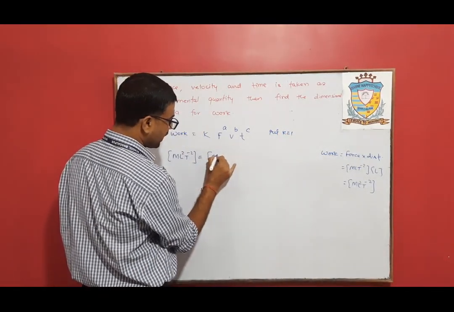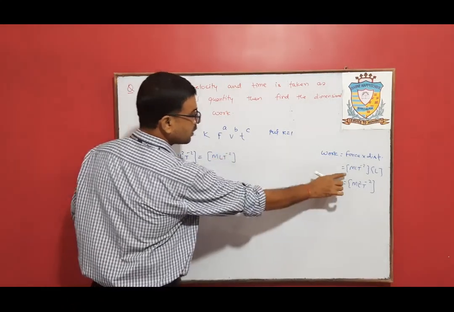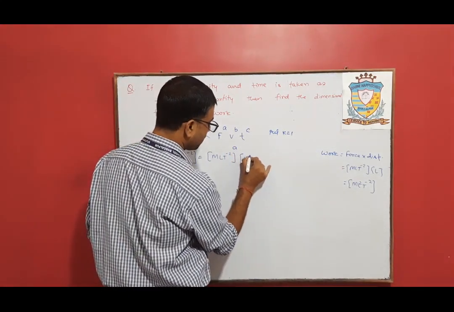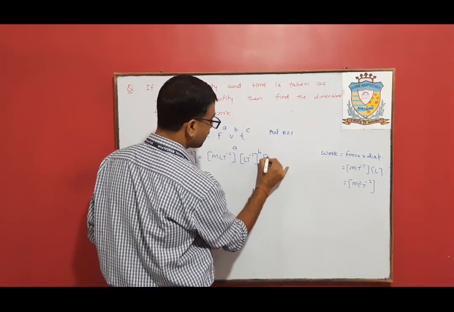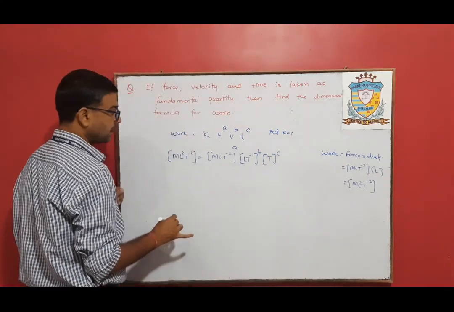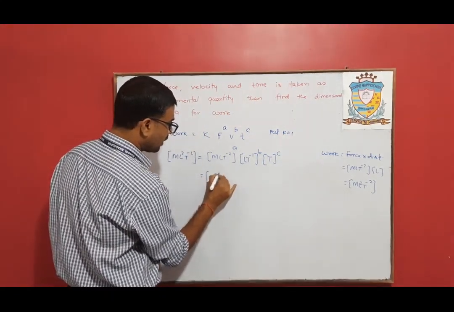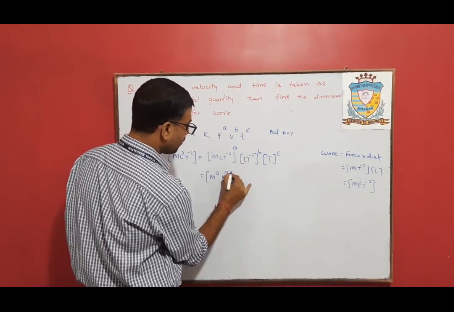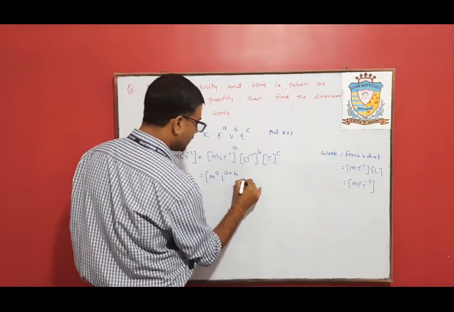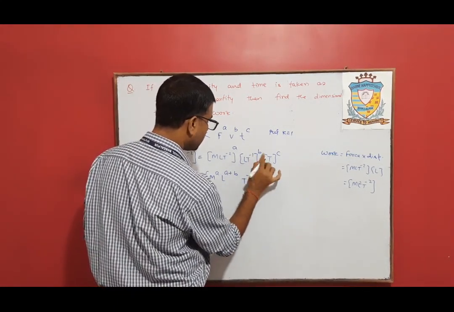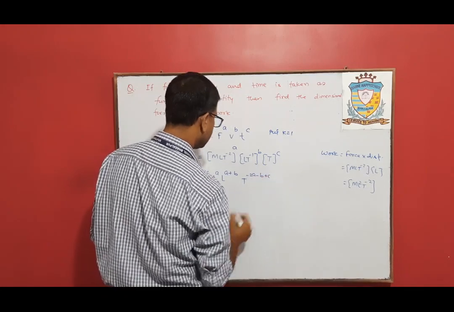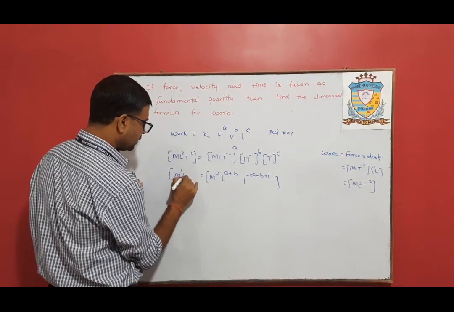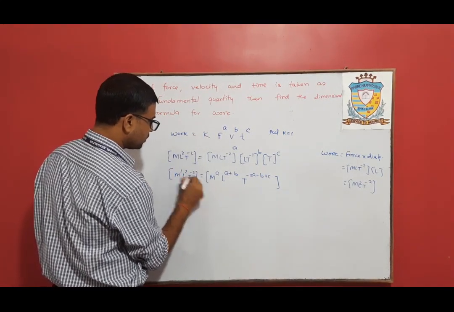So for force we have MLT minus 2, here it is given raised to power A. For velocity we have LT minus 1 raised to power B, and for time we have T raised to power C. So M raised to power A, L raised to power A plus B, T raised to power minus 2A minus B plus C. Clear? So M1 L2 T minus 2.